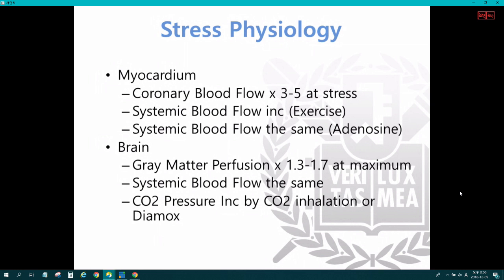So I'm using the cardiologist terms. We need to understand the cardiologists' ideas. That's the reason I understand the cardiologist's mind very well, because I myself did nuclear cardiology for 10 years, from 1990 to 2000. So I needed to understand their direction and their way of thinking. That's the reason why I don't like CT.